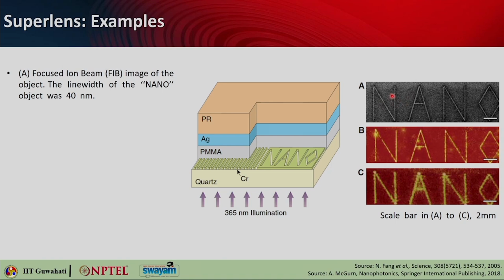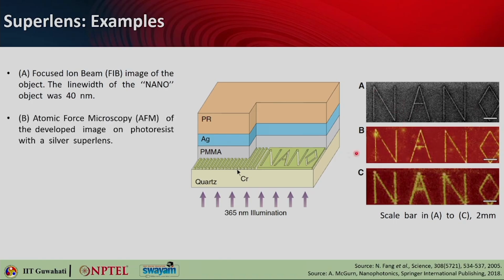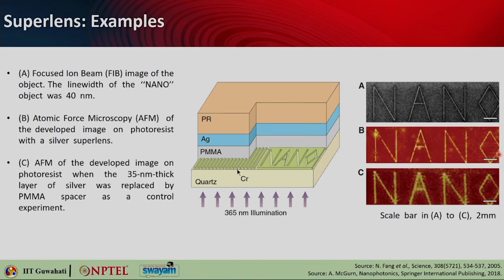So, this is the focused ion beam, or you can say FIB image of the object. Here you can see that the line width of the nano object is basically 40 nanometer. The second one shows the atomic force microscopy, or AFM image, that is developed with the photoresist in the presence of the silver super lens, and this is the same experiment without this silver super lens.